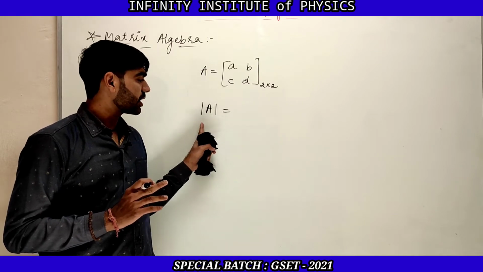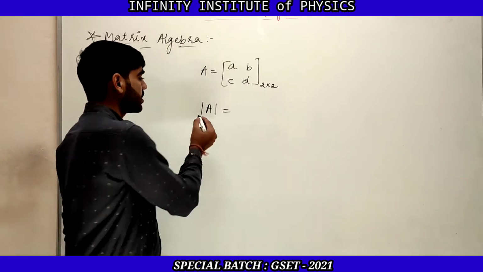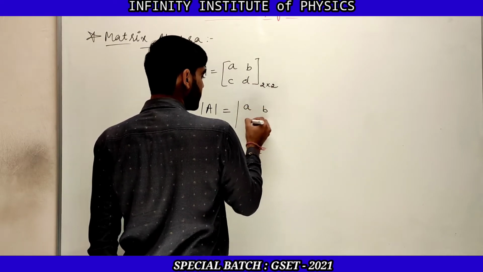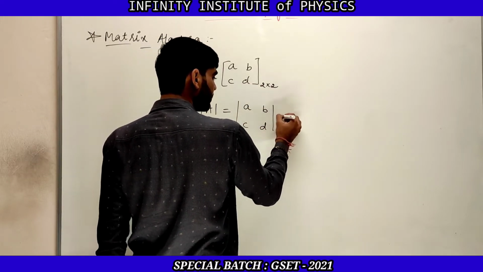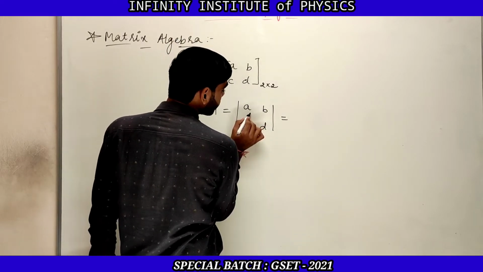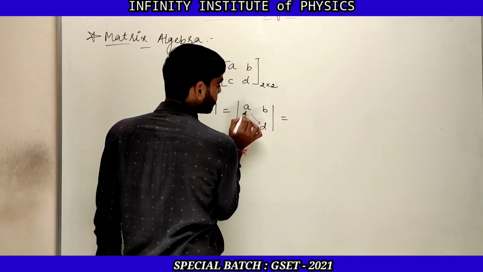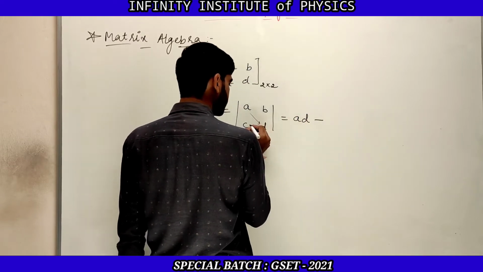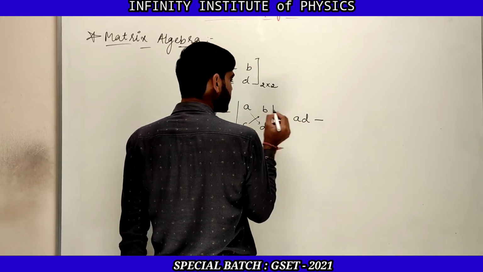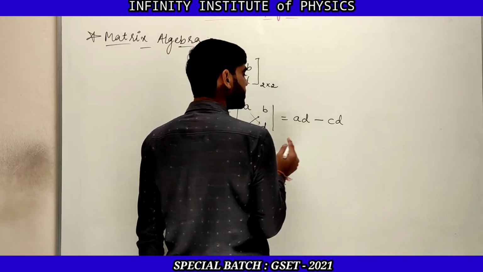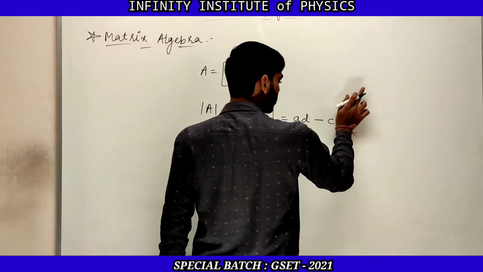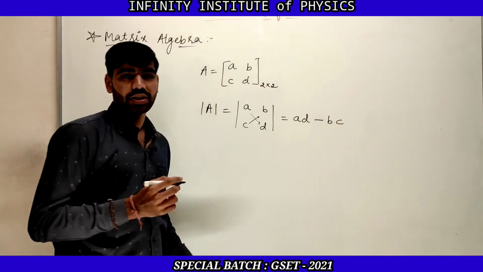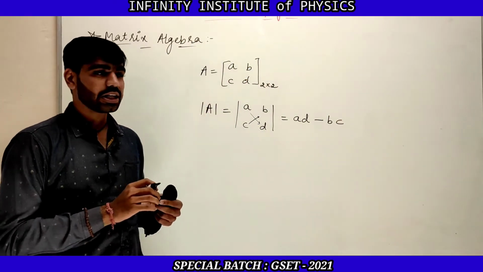So this is the notation for determinant of A. It is the determinant of the matrix A, B, C, D, and here we have to take the cross multiplication AD minus BC. Sorry, it is not CD, it is BC. So this is how we can find the determinant.